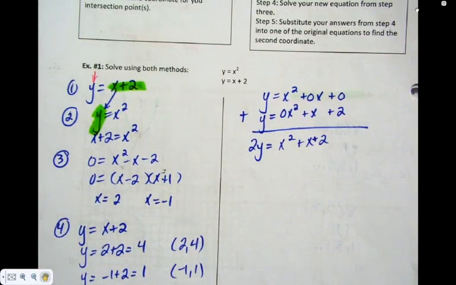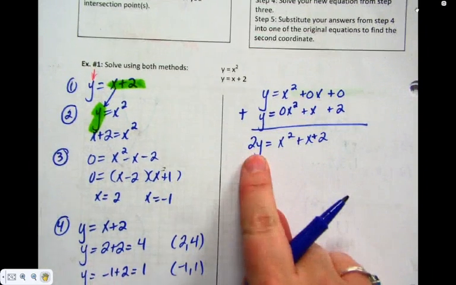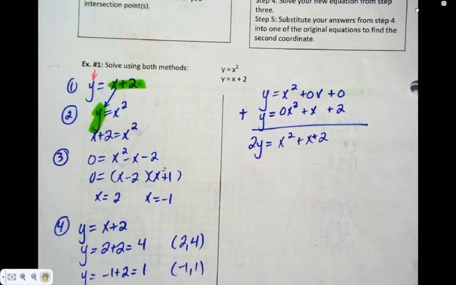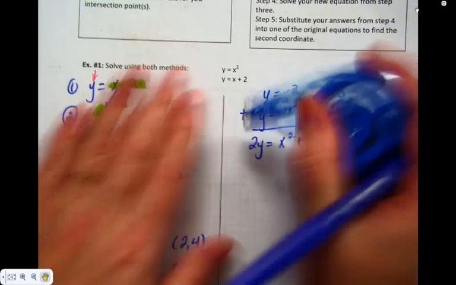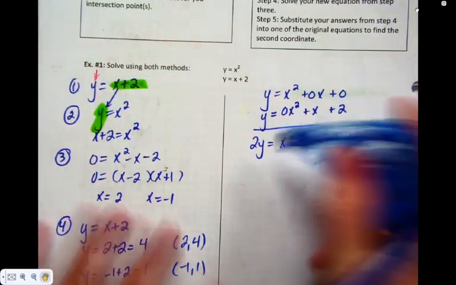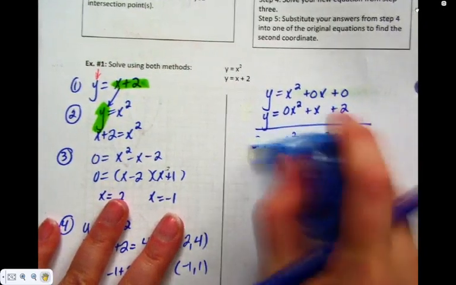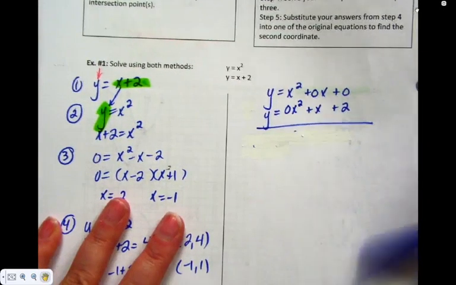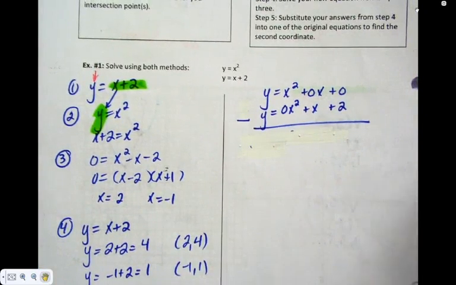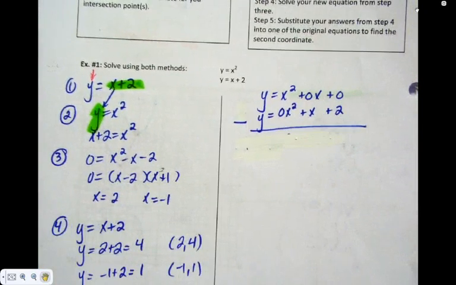Am I still okay? Need to get rid of, oh, I totally just messed this up. I'm sorry, left brains. We want to get rid of the y, so I needed to subtract, which is what I first said, and then I second-guessed myself. Sorry. We need to subtract, because I need to eliminate the y's.